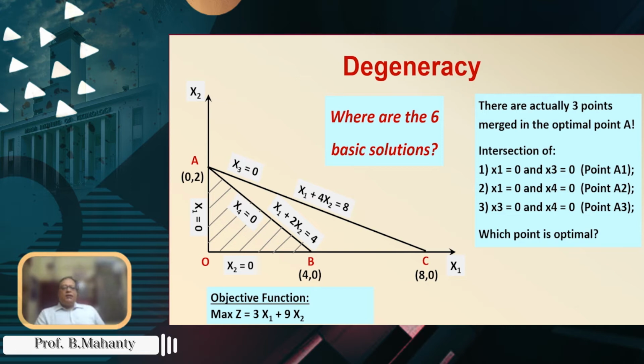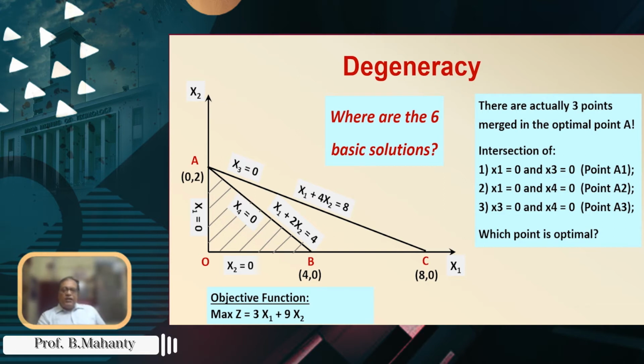So cycling is a problem that is attached with degeneracy, and we shall discuss cycling a little bit more. But more than cycling, that zero value in the basis and there is no improvement in the solution, that also is a difficulty because we are taking many more steps that are not necessary, and the problem solution is not arriving even though the point is reached.